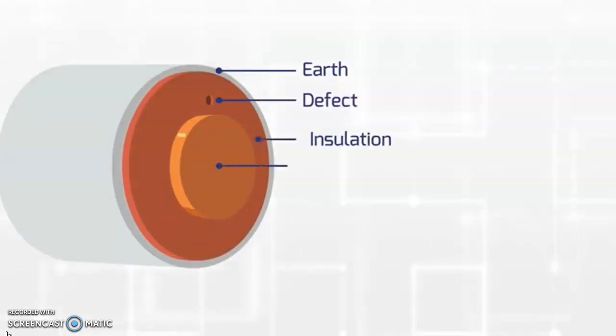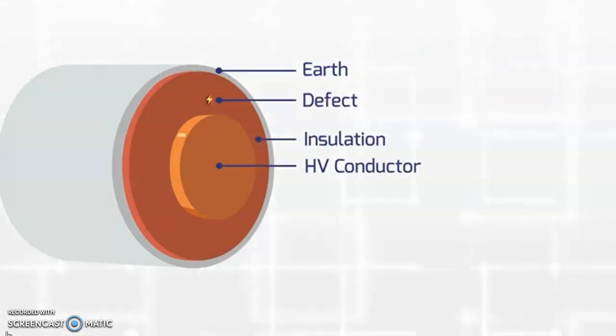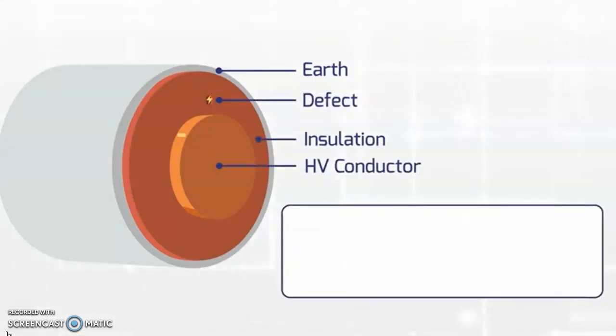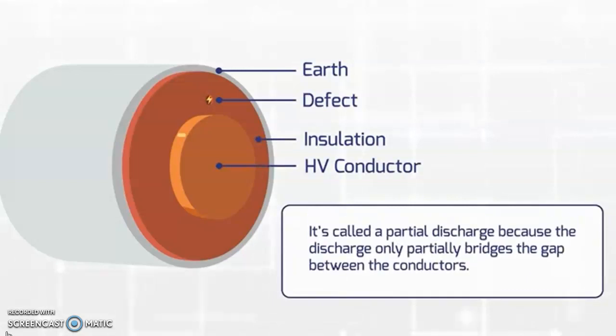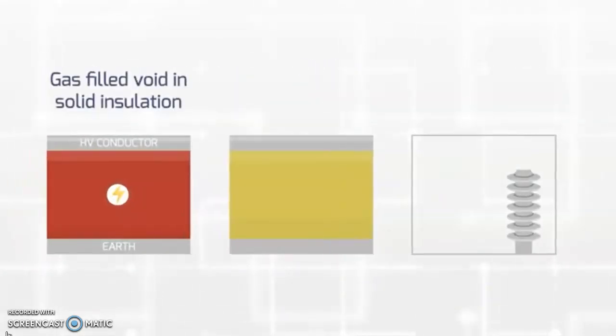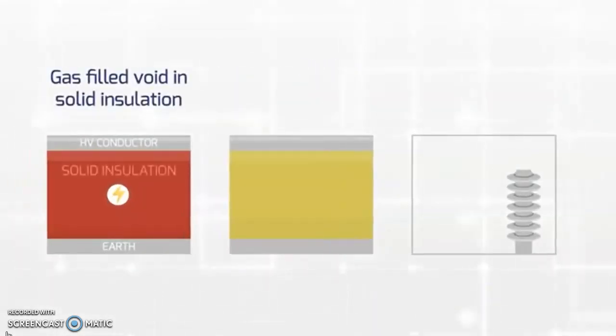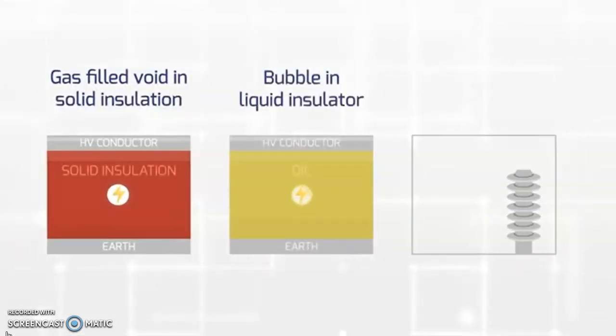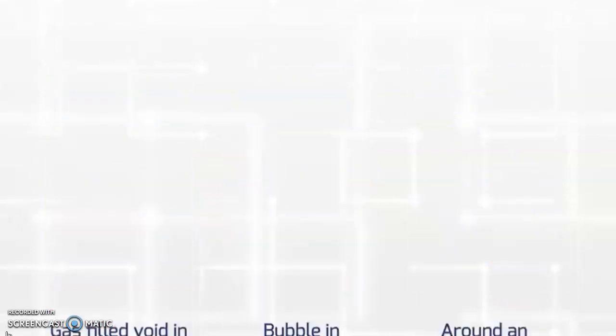Partial discharge (PD) essentially a smart recursive based in high voltage electrical stimulation. It's called a partial discharge because discharge only partially bridges the gap between the conductors. Discharge may be a gas-filled void in a solid insulating material, in a bubble in a liquid insulator, or around an electrode in gas.